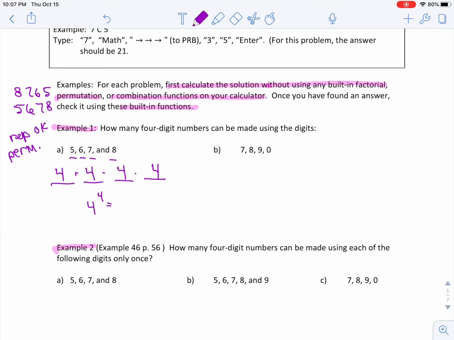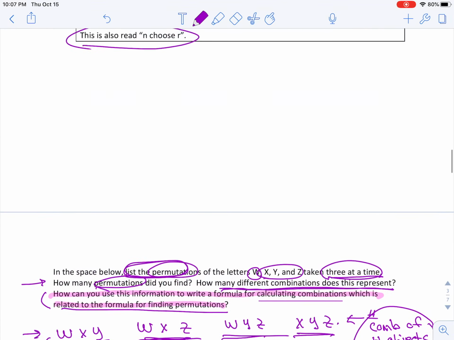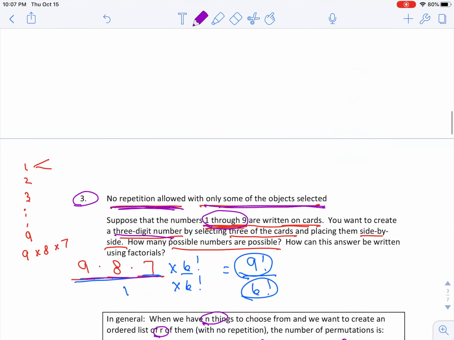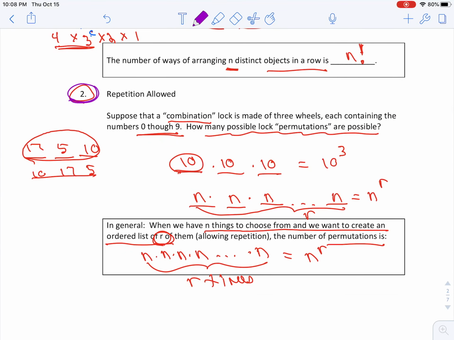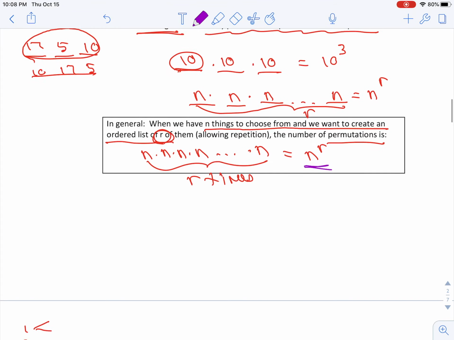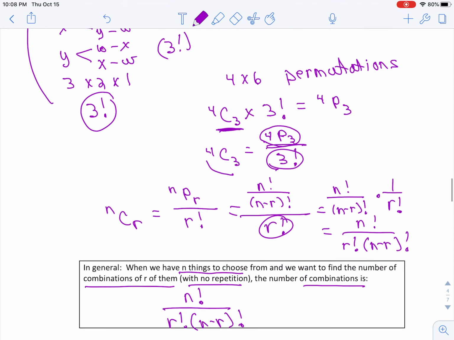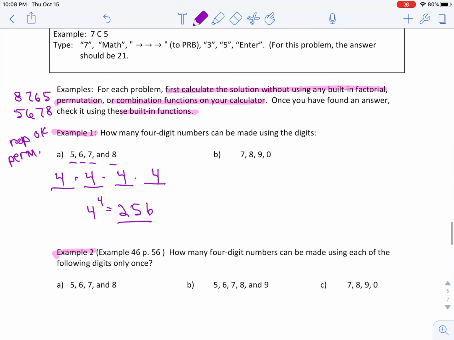So this is 4 to the 4th, which is 256. I'll point out that this problem is like the one all the way back here, where we were allowing repetition, and we ended up with n to the r power. So in this case, we ended up with 4 to the 4th, or 256.